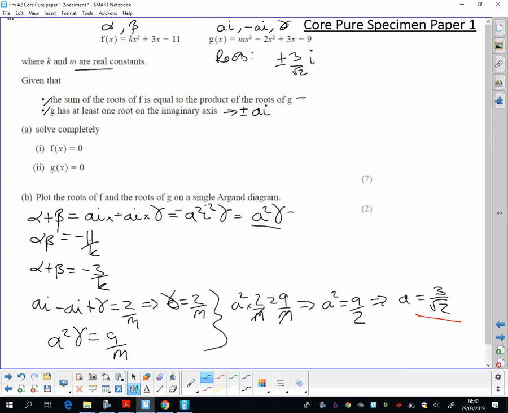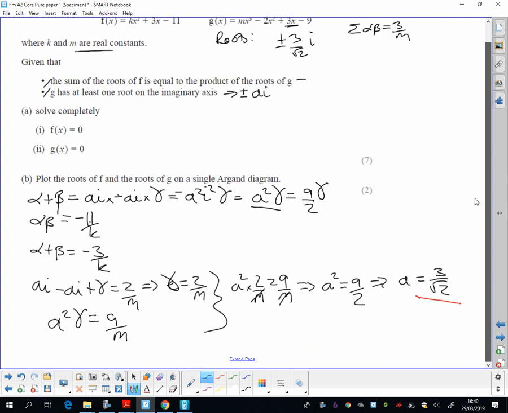We're then going to know that therefore this is going to be 9 over 2 gamma. What have we not used yet? We haven't used the sum of the products in pairs. So remember, the sum of roots in pairs is going to be 3 over m. So we can scroll down and use that fact.